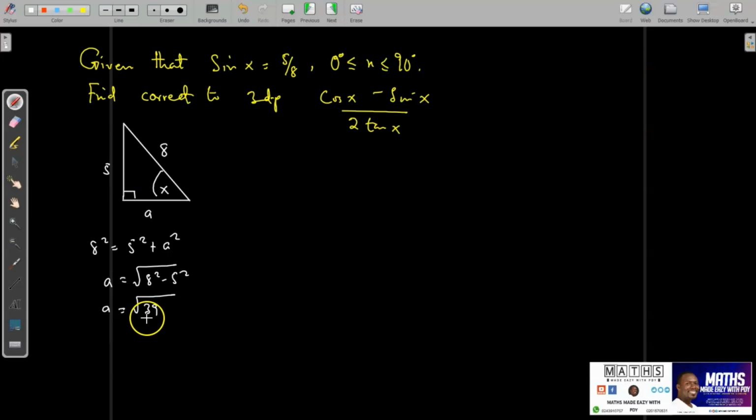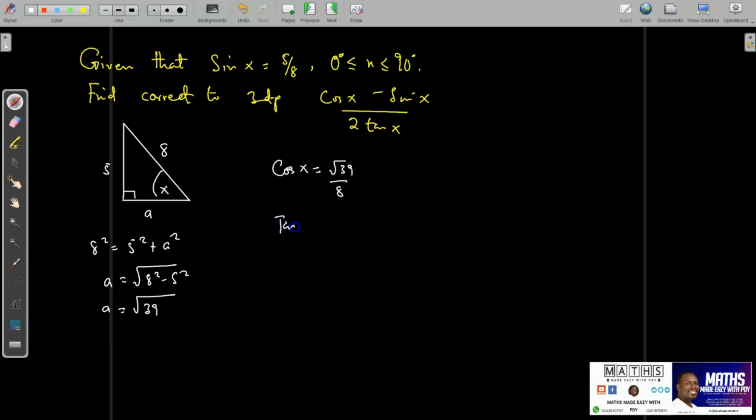Good. So now you find what cos x is. Cos x is the adjacent side, the square root of 39, on the hypotenuse, which is 8. Then you find tan x.